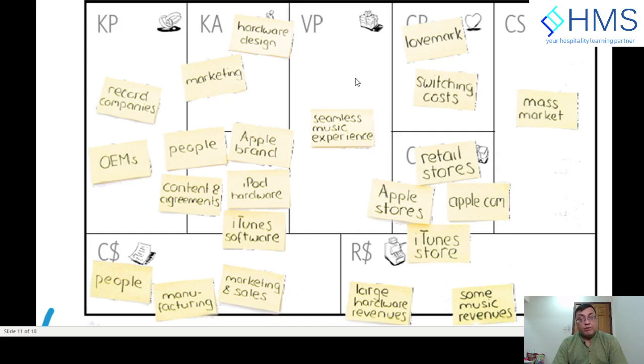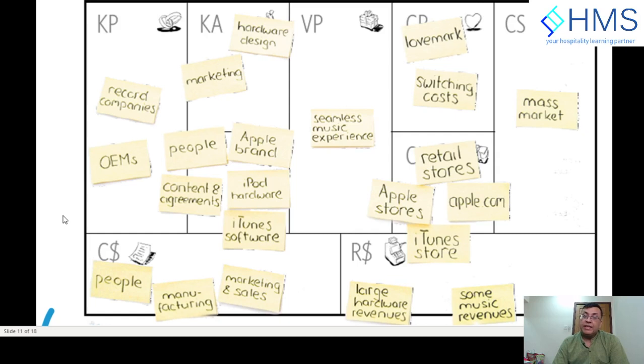What is the value proposition? Let's say, seamless music experience in one word, but your product may have many more. Then Apple's key activity is hardware design and marketing. That's what they are good at. The key resources needed are people, content, the Apple brand, Apple iPad hardware, and software.